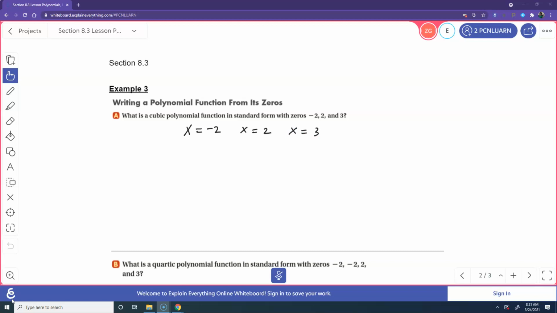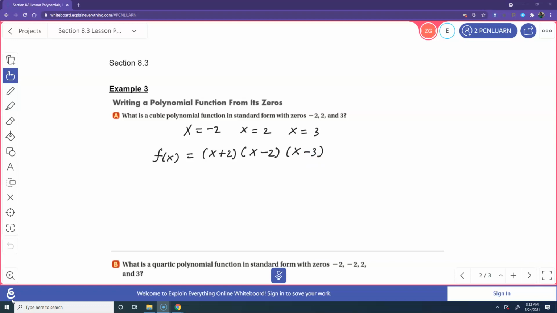And since we know that there's zeros, we're going to say f of x equals, and we're going to move that negative 2 to the left. So the first factor is going to be x plus 2. We're going to move that 2 to the left, so that's x minus 2. And we're going to move that 3 to the left, so that's x minus 3.